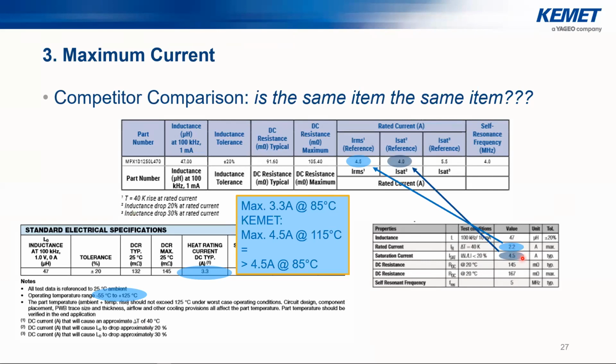It's nice to know that there is a competitor who is selling a component which has a saturation at 4.5 amps. But by considering the rated current, that it has already a self-heating of 40 Kelvin at 2.2 amps, you will never get into the range of 4.5 amps. You never need to think about this. So this might look better, but it's not an issue for us.